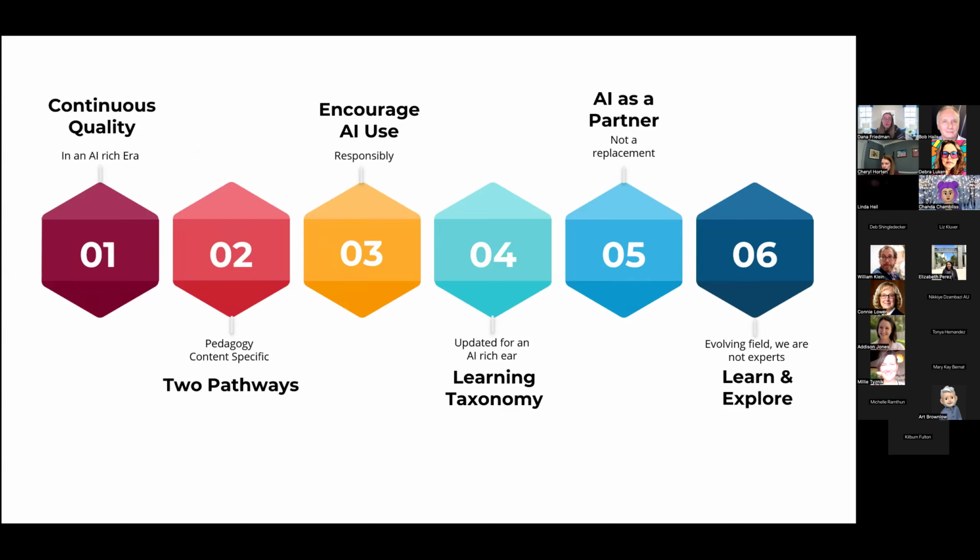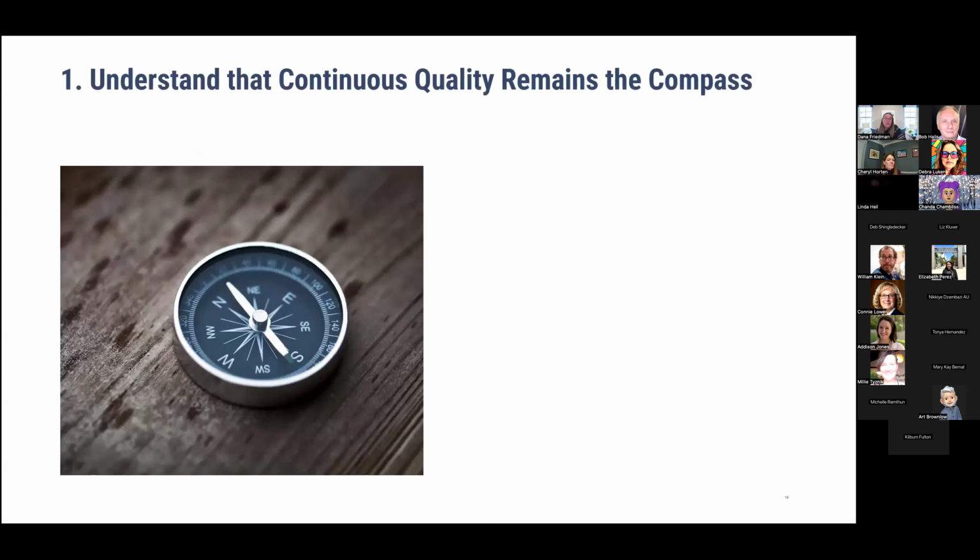Everything that we do is off of pedagogical learning taxonomies. We have to start thinking of AI as a partner, number 5, not a way to cheat, not a replacement for the content expert, but as a partner. And learning and exploring. You have to evolve and continue to learn and explore. Let's take a look at each one of these a little more in depth.